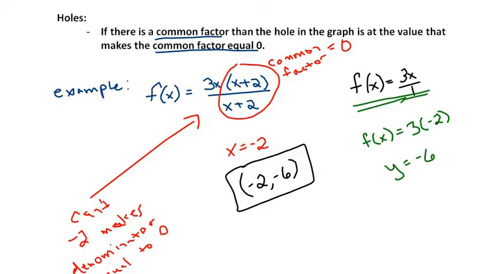Next on your list. So the next thing you would find on your list is a vertical asymptote. And the way vertical asymptotes work, an asymptote in this case a vertical asymptote, is an imaginary vertical line, which is always x equals a number.